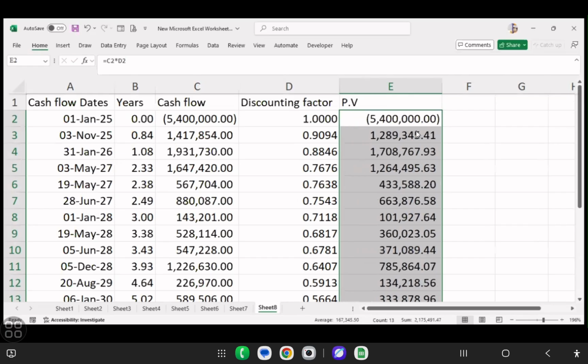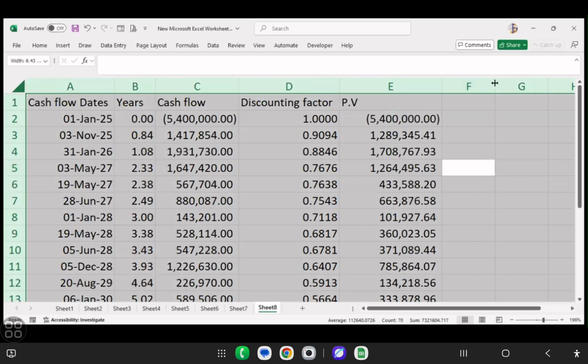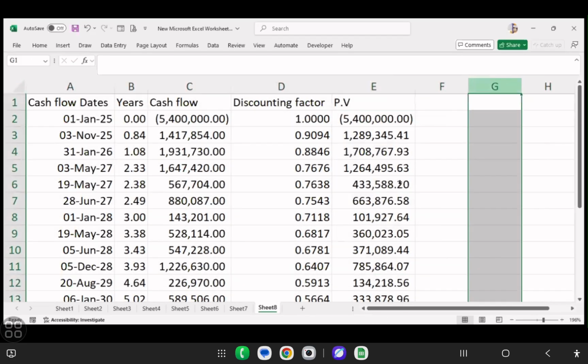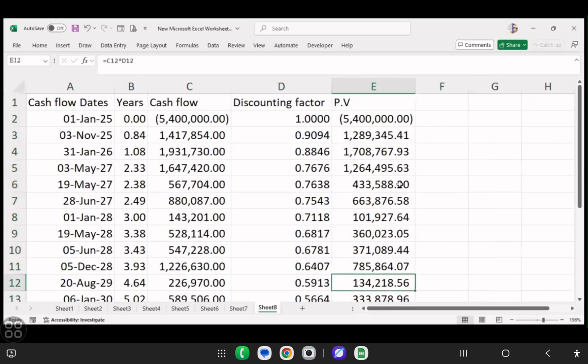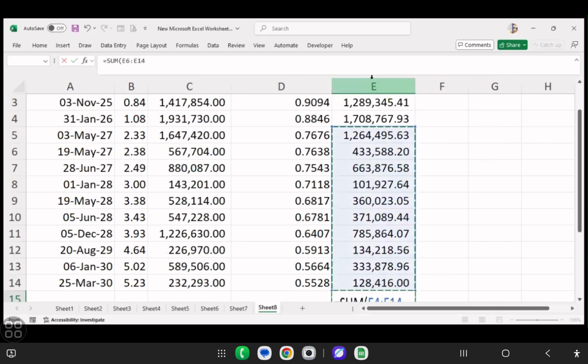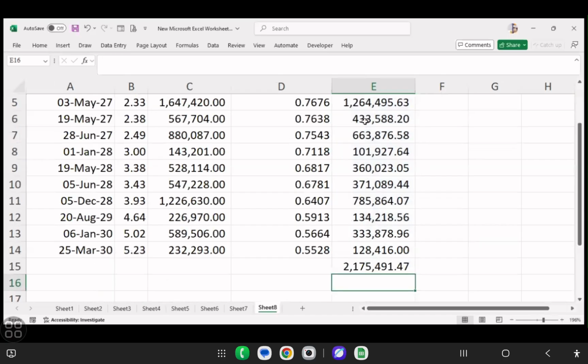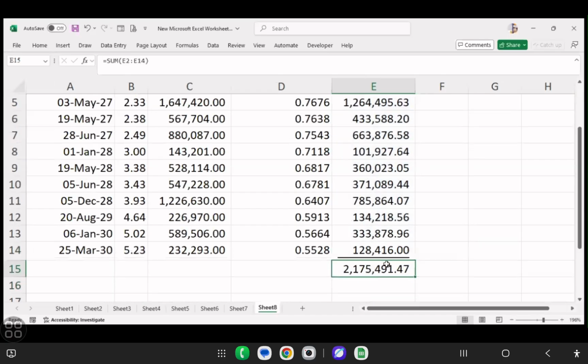When you look at this one, it gives me the discounting factor and the discounted cash flows, and when I sum them here, equals sum, putting them upward this way, close the bracket and enter. This is my NPV.